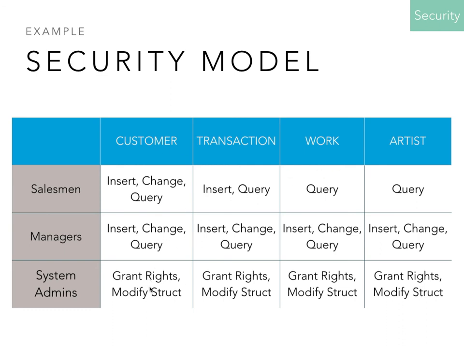The system admins have grant rights, so they can change the permissions of other users, and they can modify the structure of the table. So you'd have to define what the policies are, and then you would implement them using that branch of SQL, the data control language, DCL. That's how you could set up this structure.